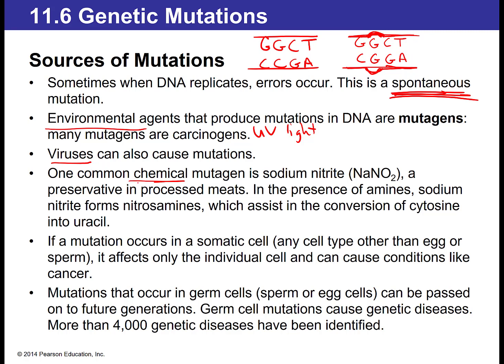Last one are chemicals. Chemicals that have the ability to cause changes in the DNA sequence are called mutagens. So think about these three different types: insecticides, pesticides, herbicides. What is their goal?